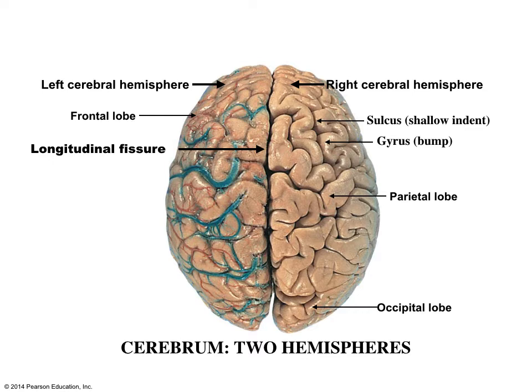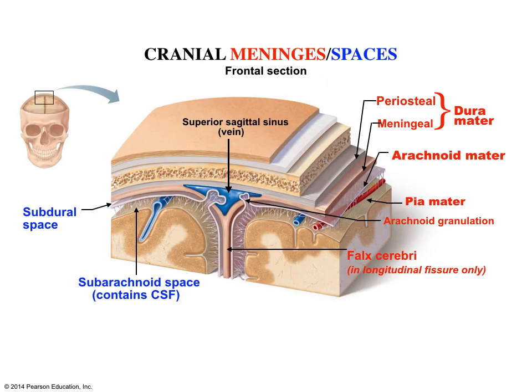Two other terms here would be a sulcus is a shallow indentation, a gyrus is a bump. Looking at the coverings of the brain or meninges, from outside in, those are the dura, the arachnoid, and the pia.